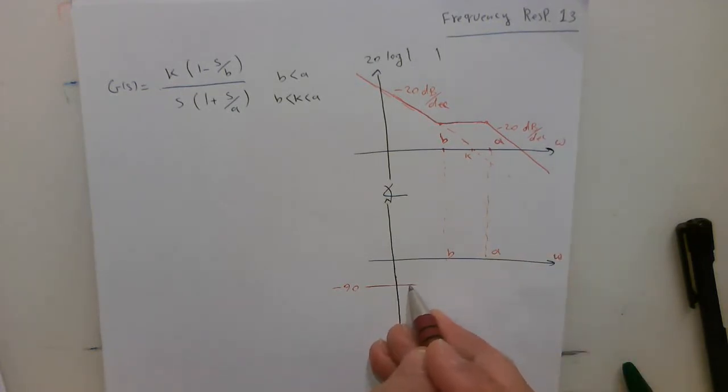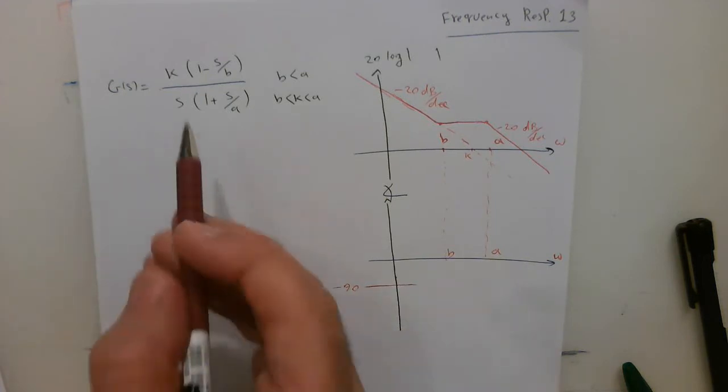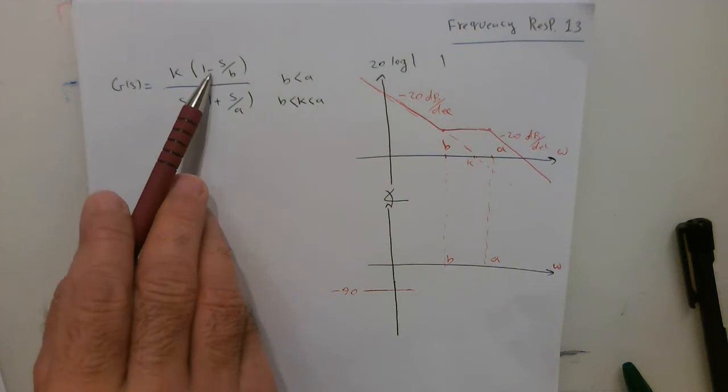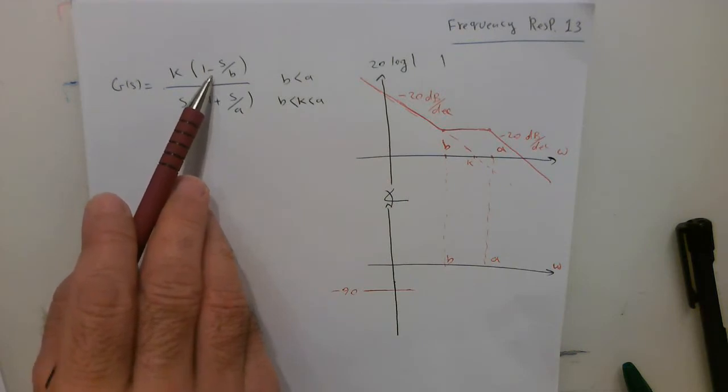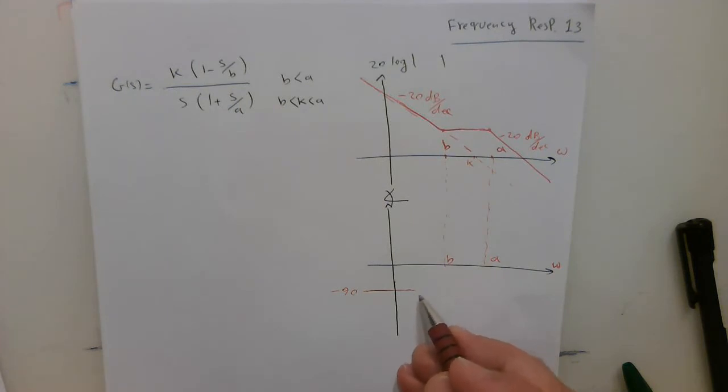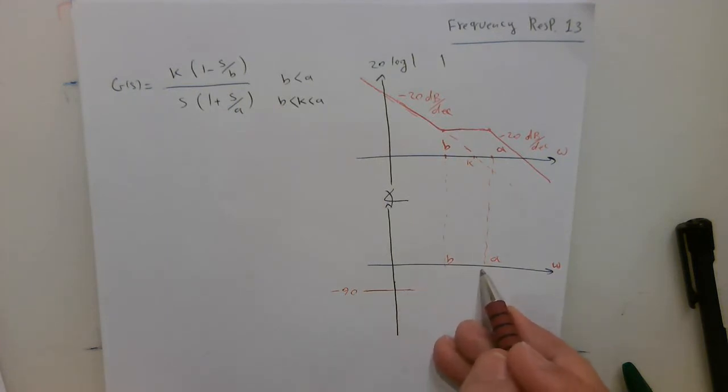So it is minus 90, but we know that b is a 0. If it was 1 plus s over b, a 0 in the left side, then the phase would increase by 90.